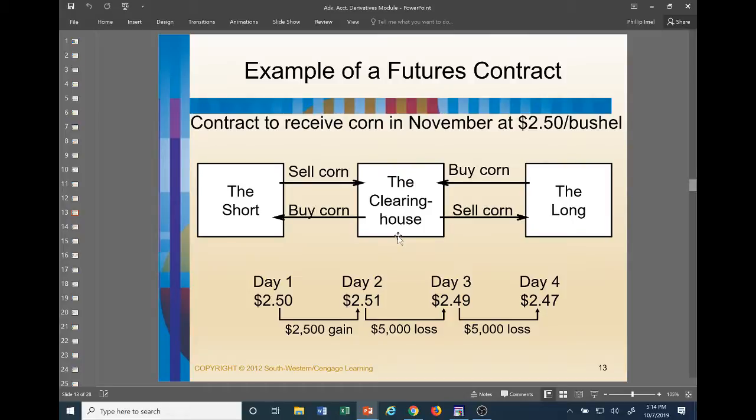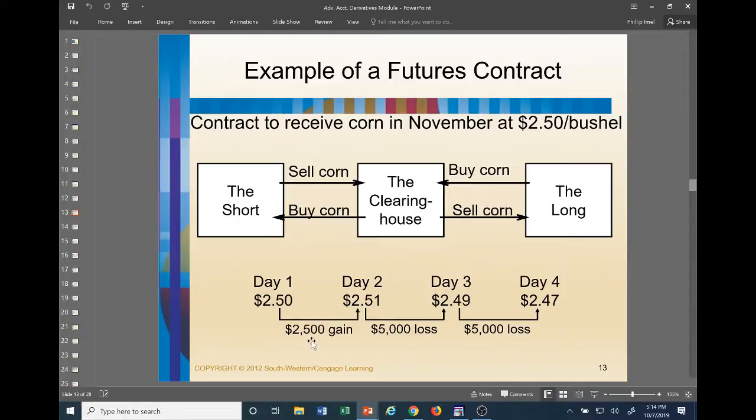So let's look at this little time graph here of the different days, because remember, each day it's marked to market. That's why we're looking at these little amounts on each day here. Day one, we know it was $2.50 per bushel, right? On day two, it's $2.51 a bushel. So we're actually going to have a gain on the contract here because it went up 1 cent per bushel.